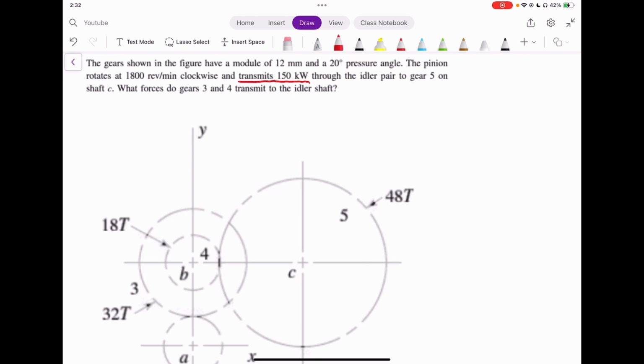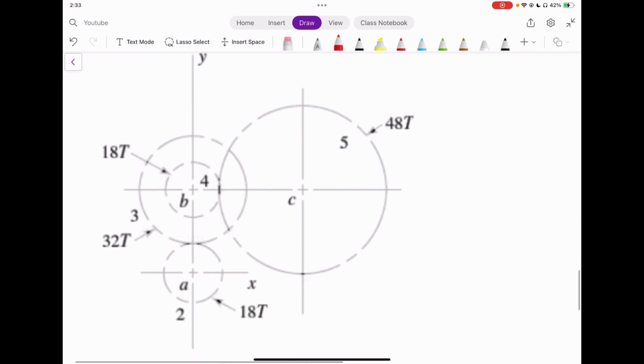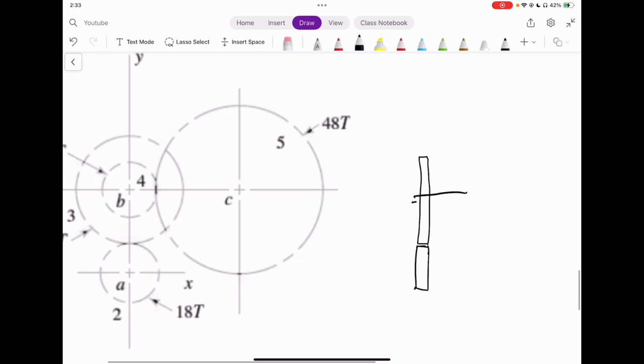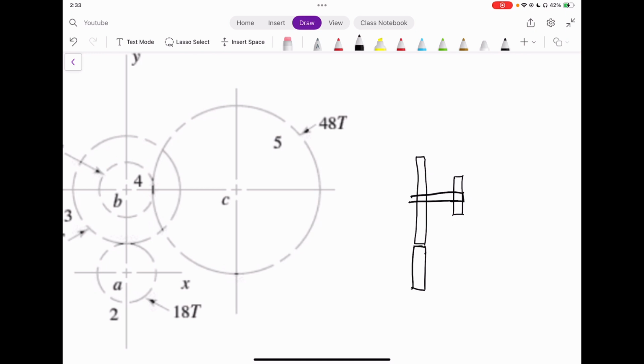What forces do gear 3 and 4 transmit to the idler shaft? So we're told to find the forces that gear 3 and 4 are transmitting to the idler shaft. Now, if we were to draw this system on the side, we would have gear 2 attached to gear 3, which would also be attached to gear 4, and then gear 5 would be essentially attached to gear 4.